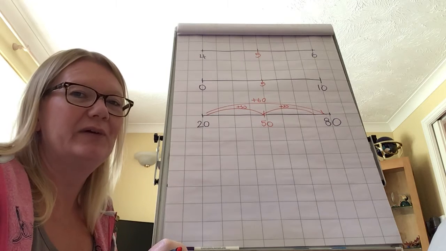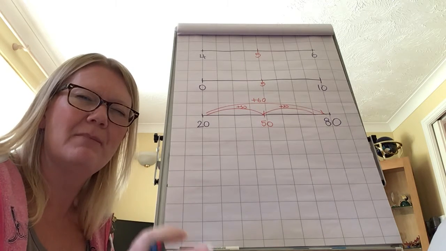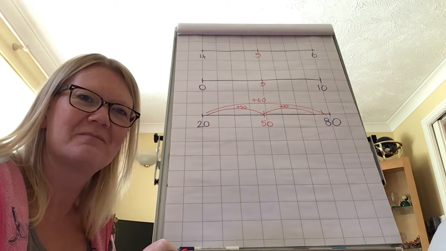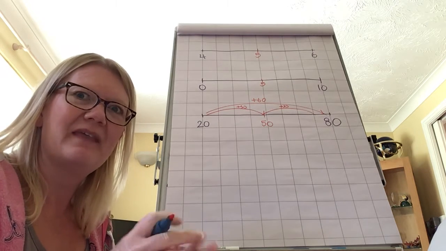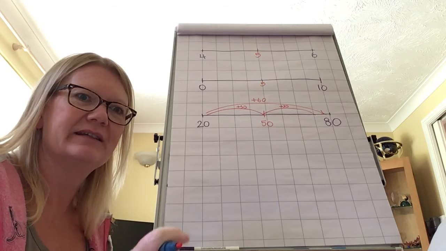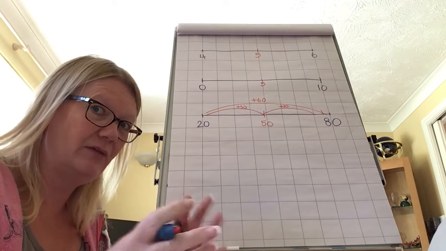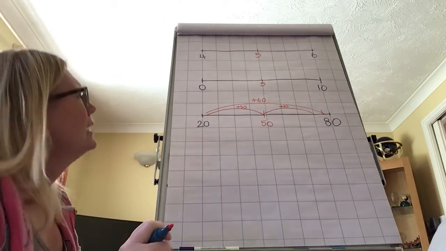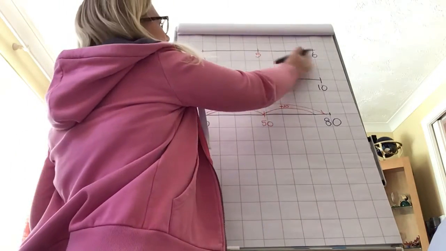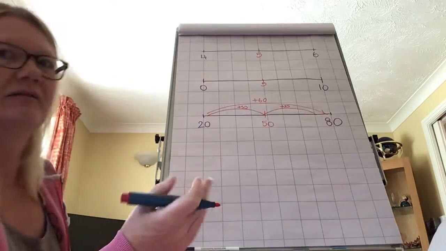When we find the midpoint, we're actually finding the mean of those two numbers. It's the number they would both be if they were equal, if those numbers were equally shared out. So how would we find the mean of 4 and 6?